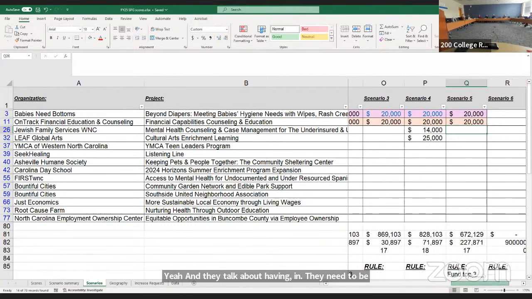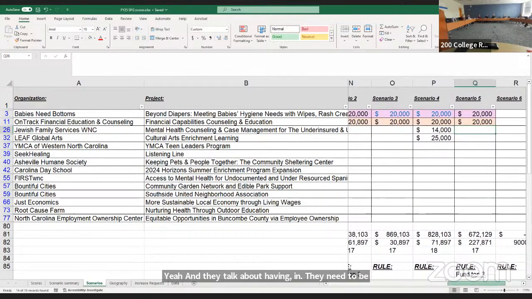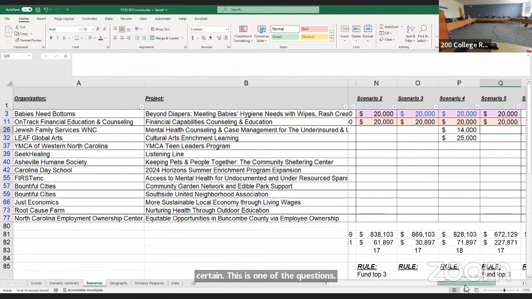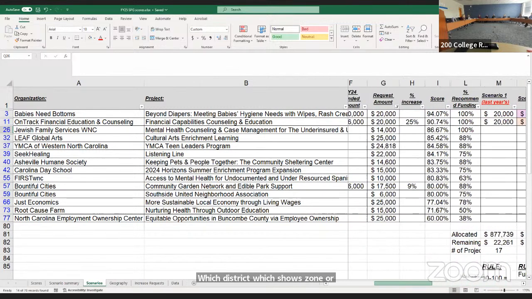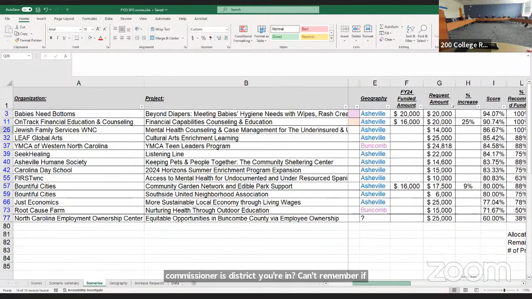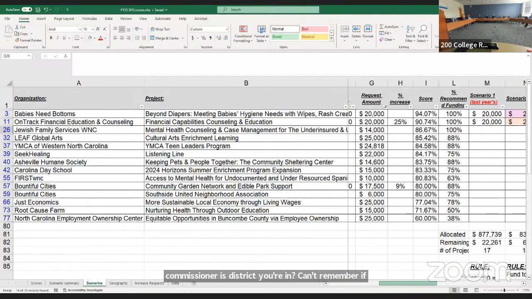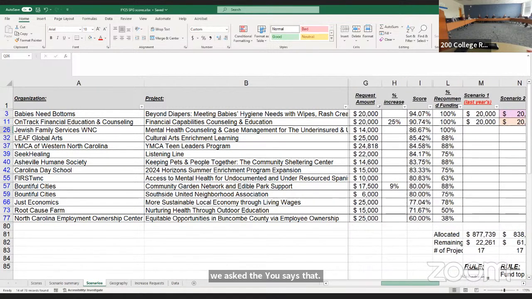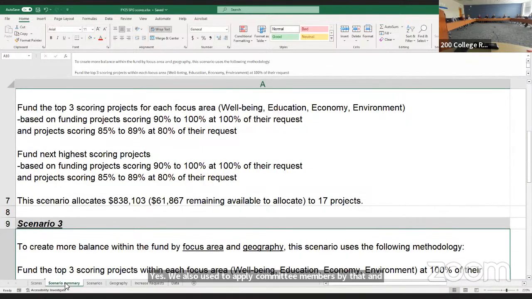Isn't one of the questions which commissioner's district you're in? I can't remember if we asked that. You used to ask that. Yes, we used to. We also used to appoint our committee members by that, and then people would move or they would redistrict, because I think it follows state house lines, the county commission districts.